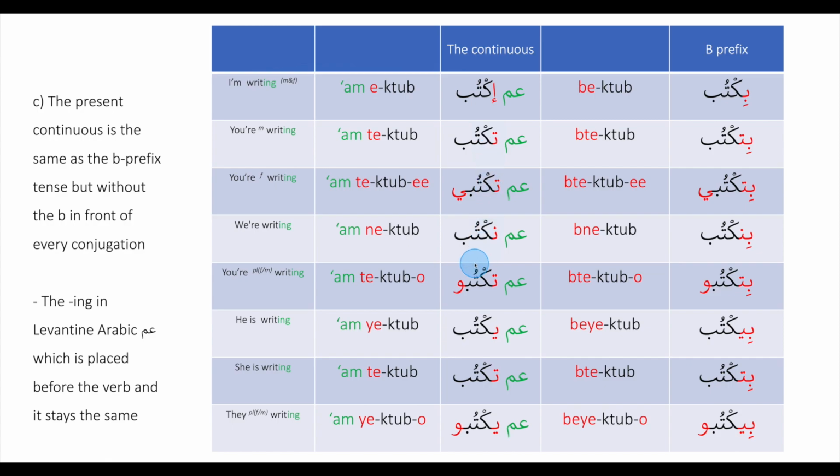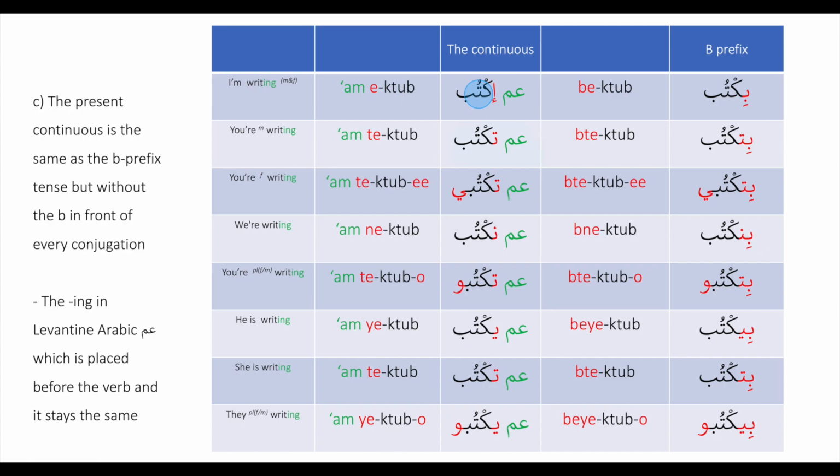So this is something very important. If you want to form the present continuous, you would need to add both. Am اكتب, am تكتب, am تكتبي, am نكتب, am تكتبوا, am يكتب, am تكتب, am يكتبوا. In this example, we have the verb katab, which means to write.